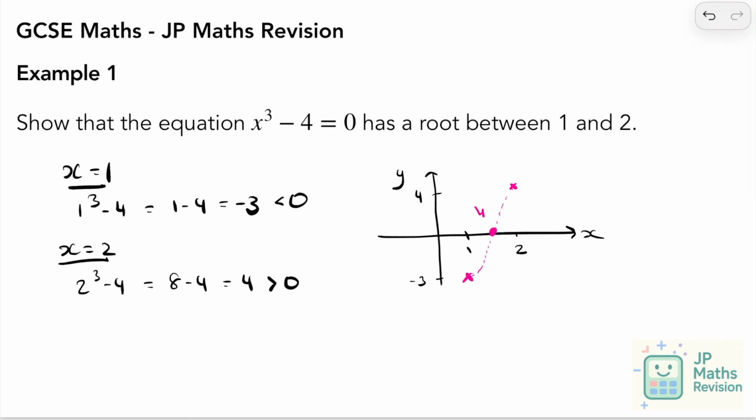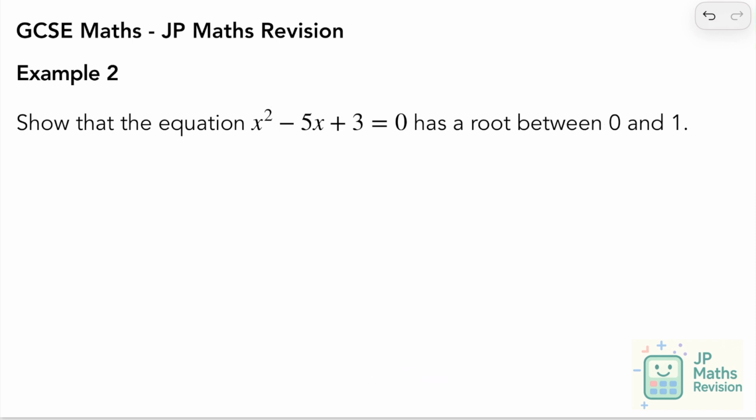That point there is the root. Because there's a change of sign between x equals 1 and x equals 2, there must be a root in the interval. So I'm going to finish this by saying: change of sign, therefore root in interval.